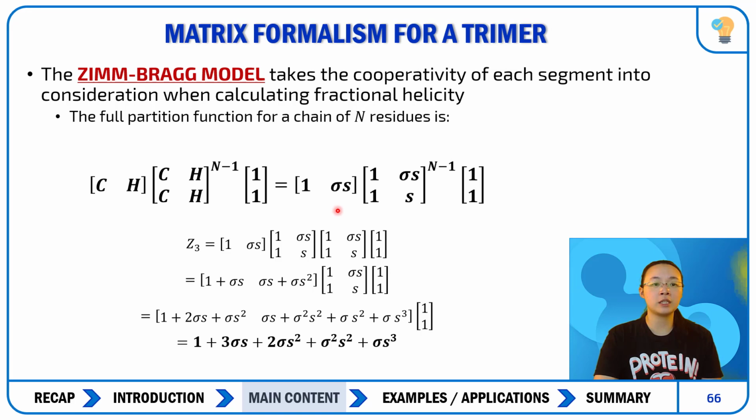So that's how much each of these states is worth or weighted statistically. Your 2x2 matrix is going to represent the monomer's conditional statistical weights. So that would be your 4 possible combinations of C and H. You then multiply by a column vector of 1s to sum over the statistical weights of all of your sequences. And you're going to get the same answer here in a lot less work.